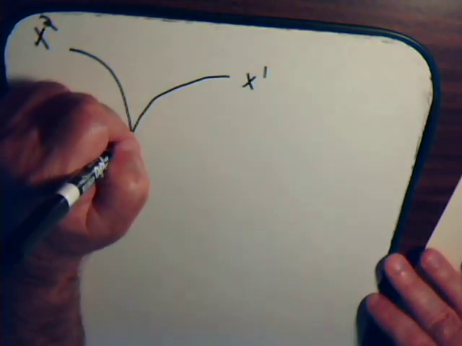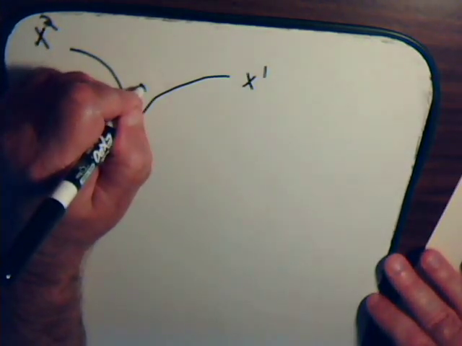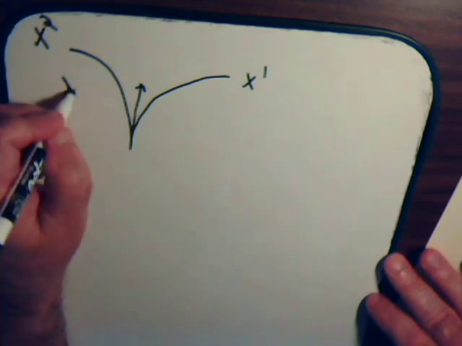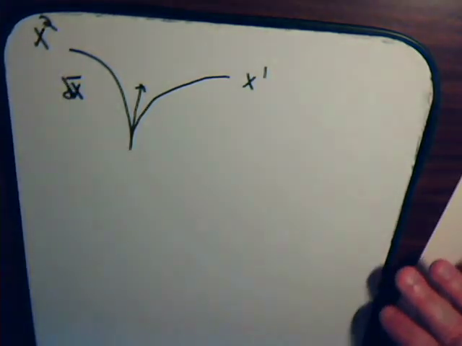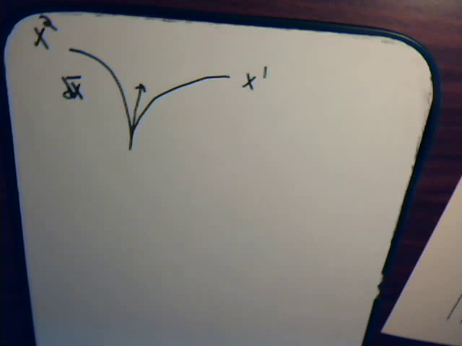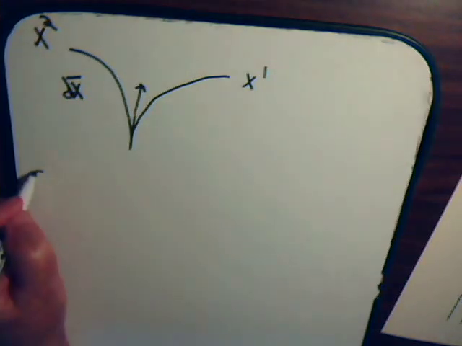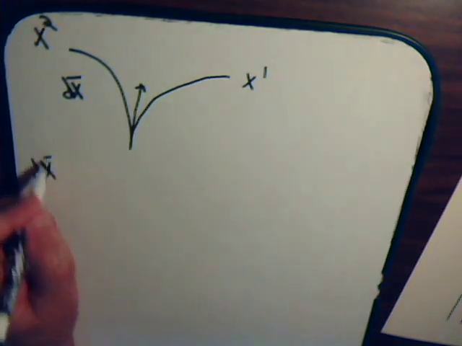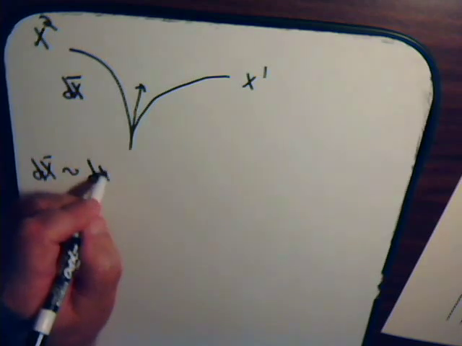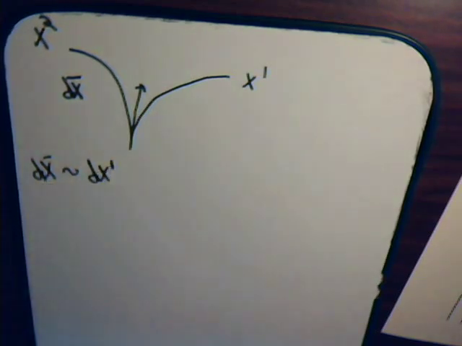And let's just say that we have a small displacement vector here. Well, we know our displacement vector is going to have a displacement component along the x1 axis, like this.